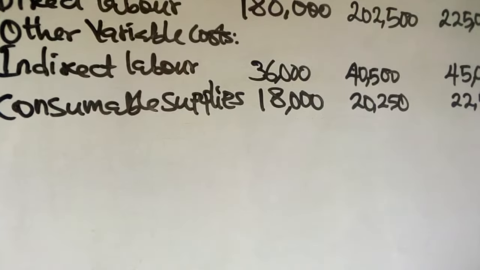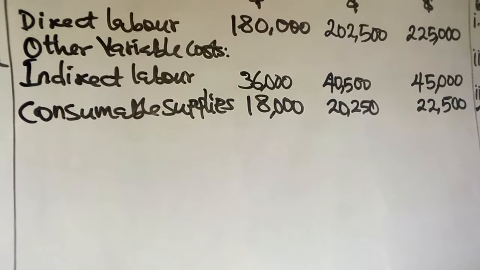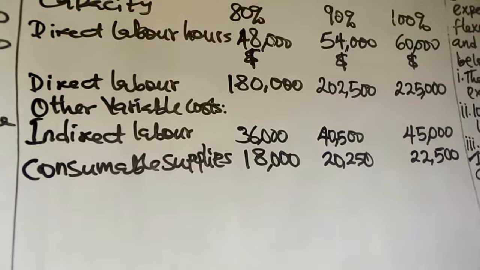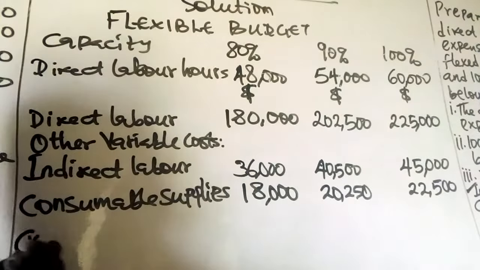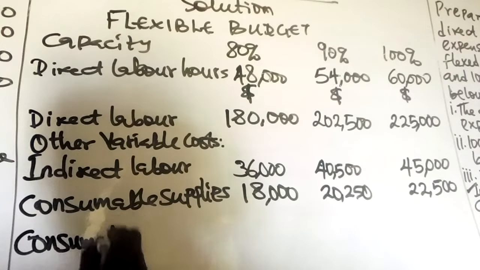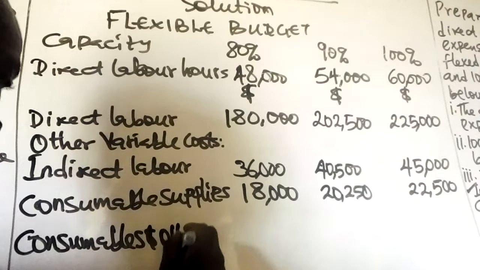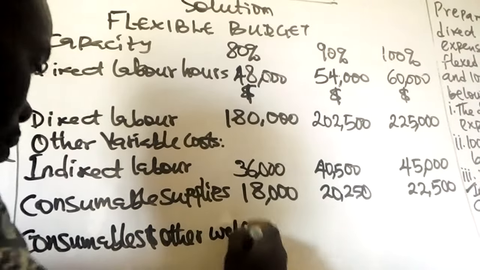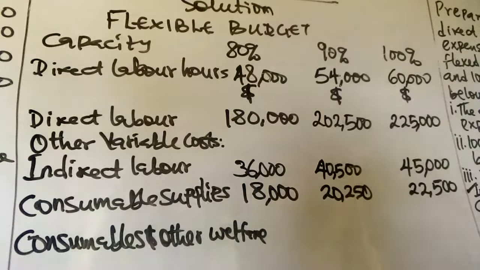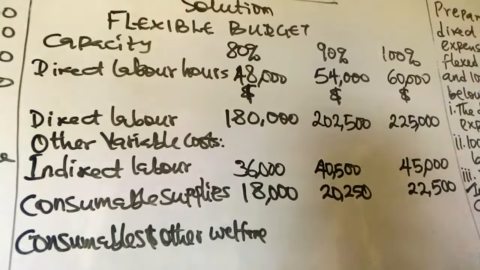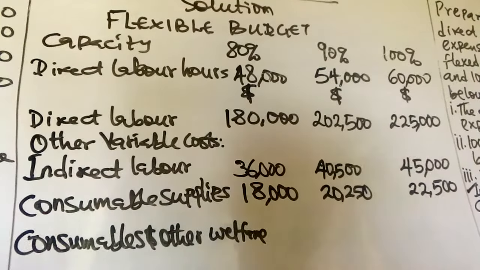Since we are told it is 6% of both the direct and indirect, you will need to sum up the direct and indirect labor for the purpose of the calculation.